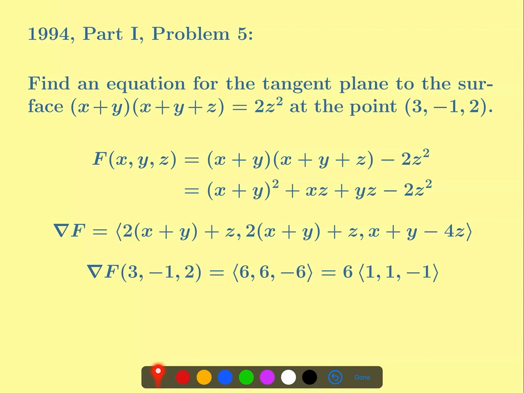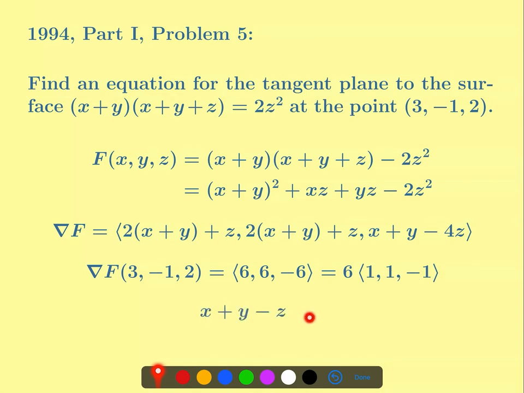It's a normal to the tangent plane. But if this is perpendicular to the tangent plane, so is this vector, because they just differ by a constant multiple. So both of these will be normal to the tangent plane, and so I can use this as my normal. That makes it a little bit easier. I'm just going to have the coefficients for x, y, and z being 1, 1, minus 1.